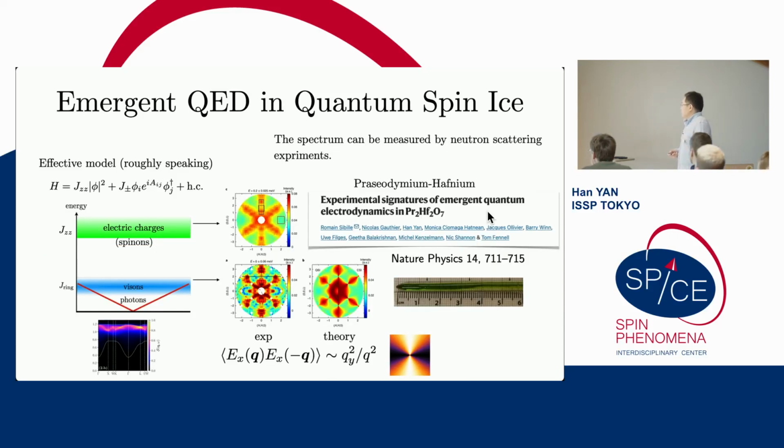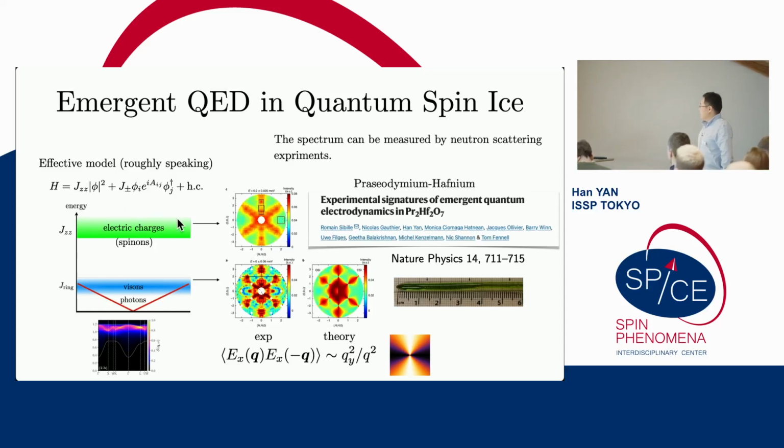Experimentally, people can use dynamical neutron scattering, with both momentum resolution and energy resolution if you have single crystals, to try to see if these spectra are really there. For example, in this material praseodymium hafnate, at the low energy sector we do see this pinch point pattern.